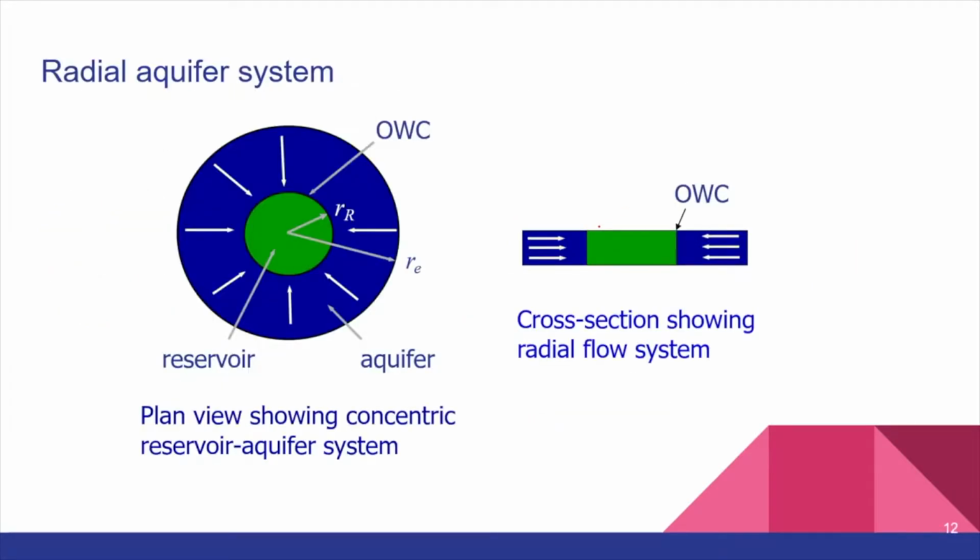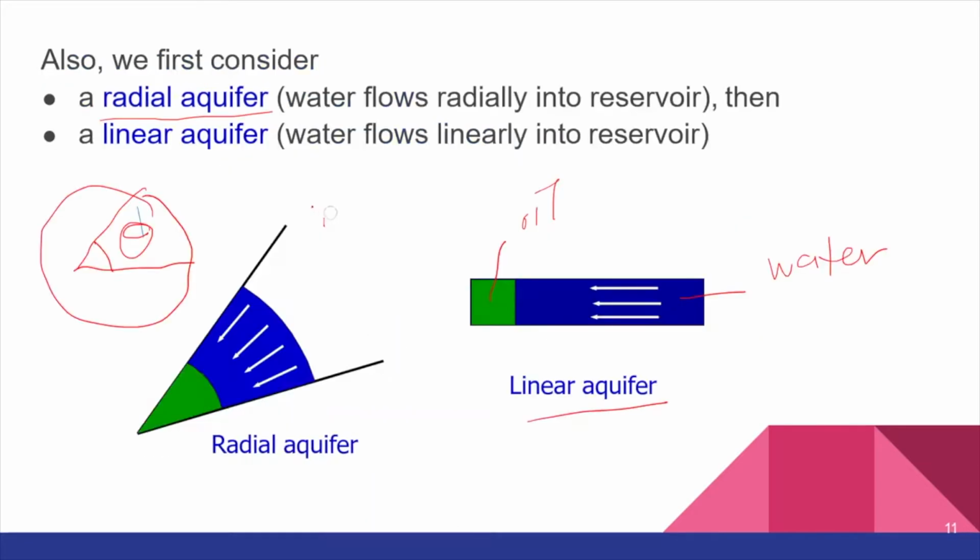For the radial aquifer system, if you imagine this is from the top view, you can see that your oil is in the middle and your water is surrounding the oil reservoir formation here. So this is the plan view showing the reservoir aquifer system. The radius here is your reservoir radius, Rr, which is from the center of your oil reservoir towards the boundary.